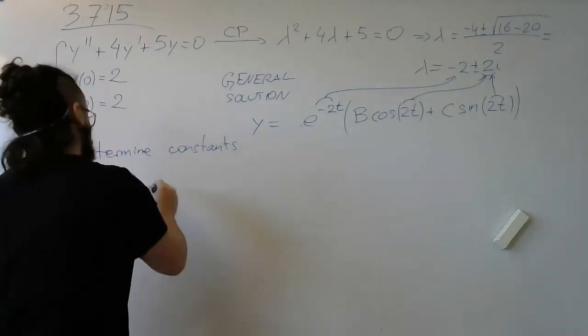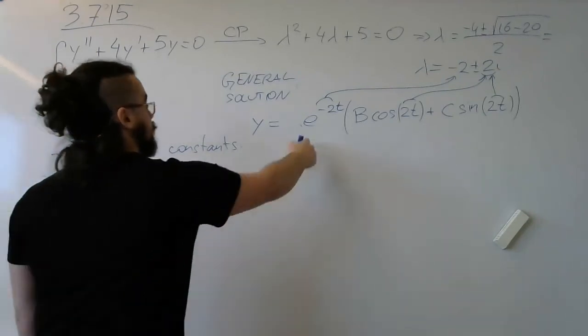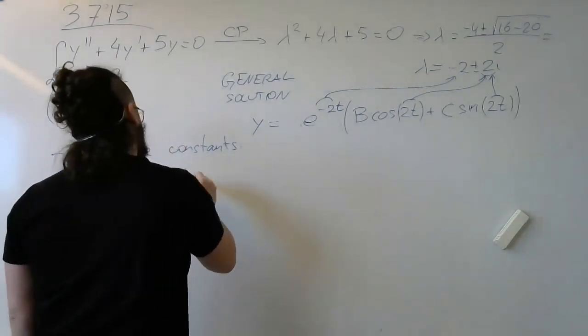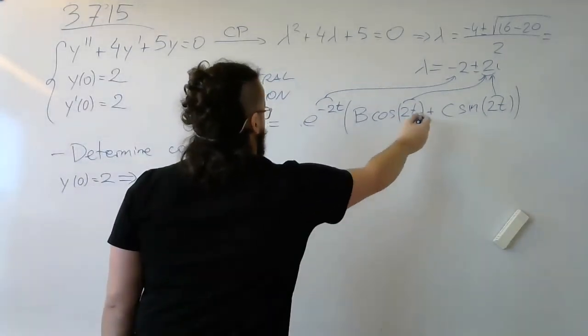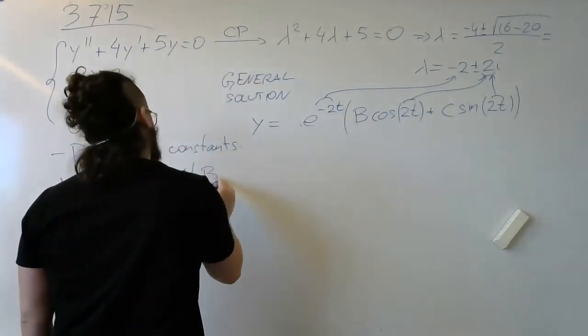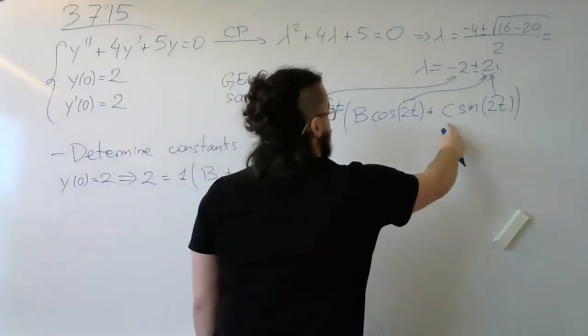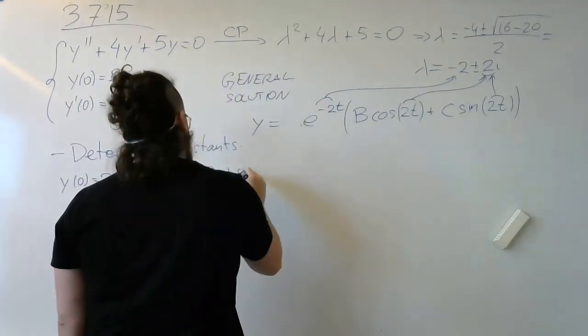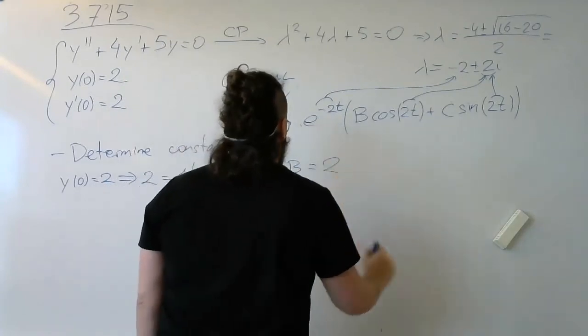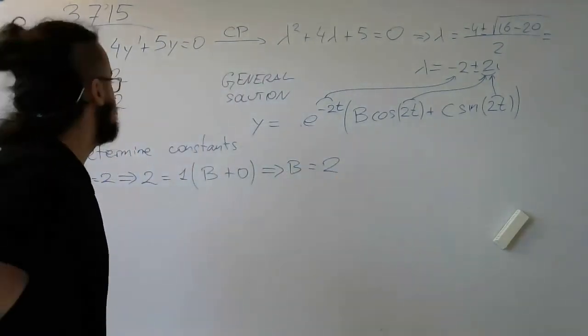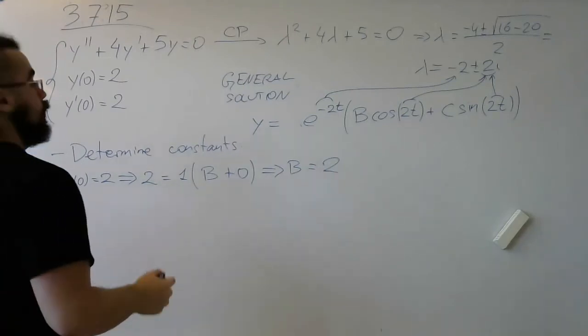So 2 is all this, which is 1, times b cosine of 0, which is 1, plus c sine of 0, which is 0. So b equals 2. Now we have to derivate that.